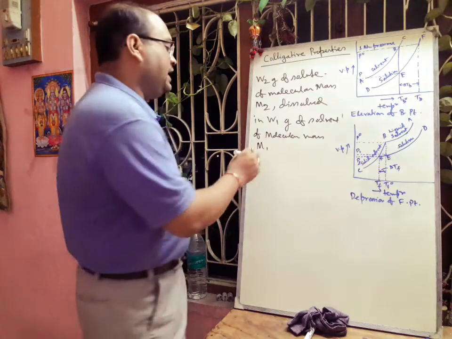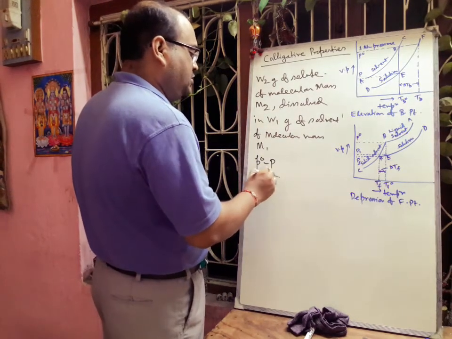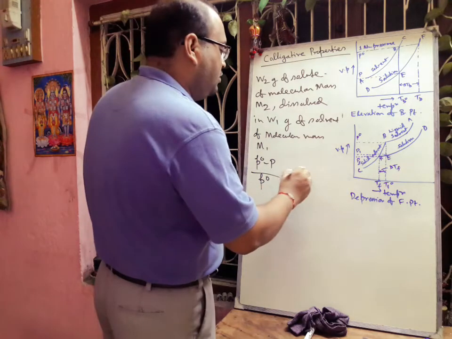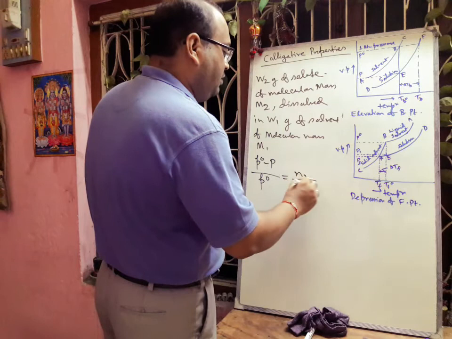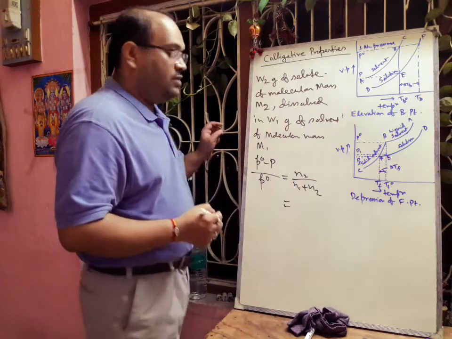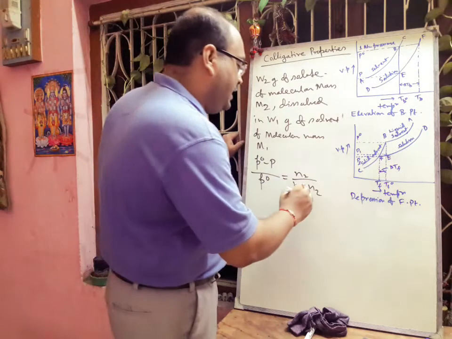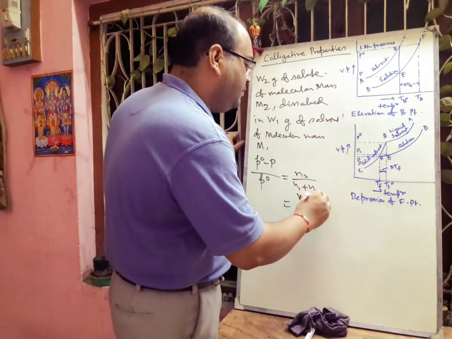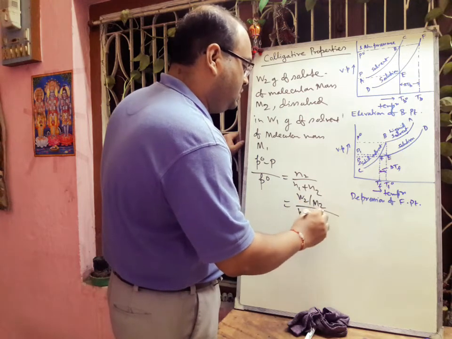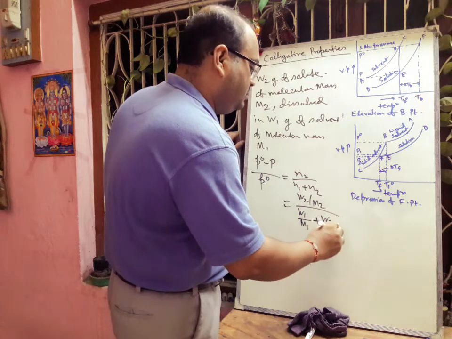So from here we can write that P0 minus P divided by P0 is equal to N2 divided by N1 plus N2. N2 is the number of moles of solute, so here we will write W2 by M2 divided by W1 by M1 plus W2 by M2.